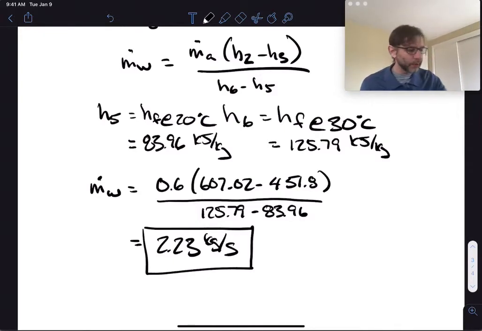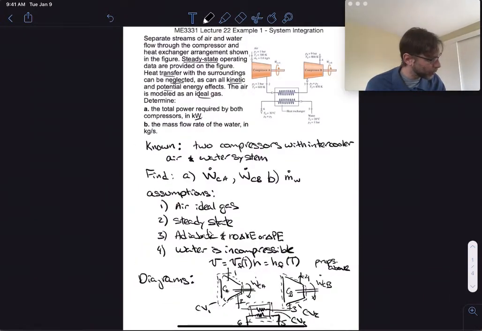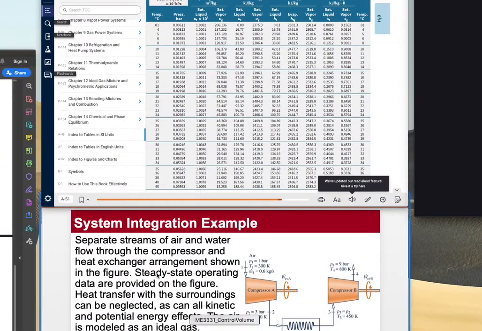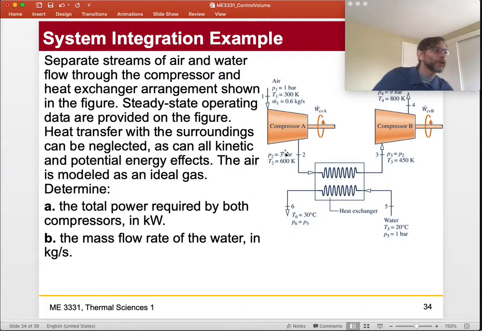Okay, so you can see what we did. We took individual control volumes to solve for each of the little individual processes to find what we're looking for. Now, if we look at this problem again, if I was to ask you what the condition of T6 was, and I gave you these things and the work, you could probably figure it out if you took a control volume around the entire thing.